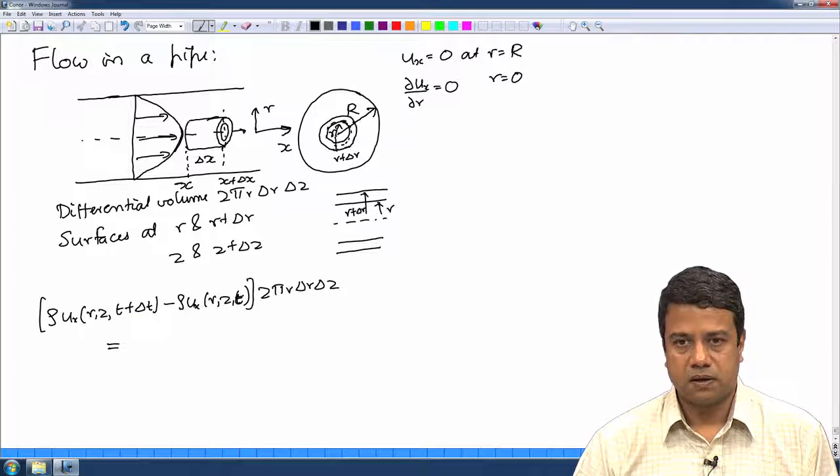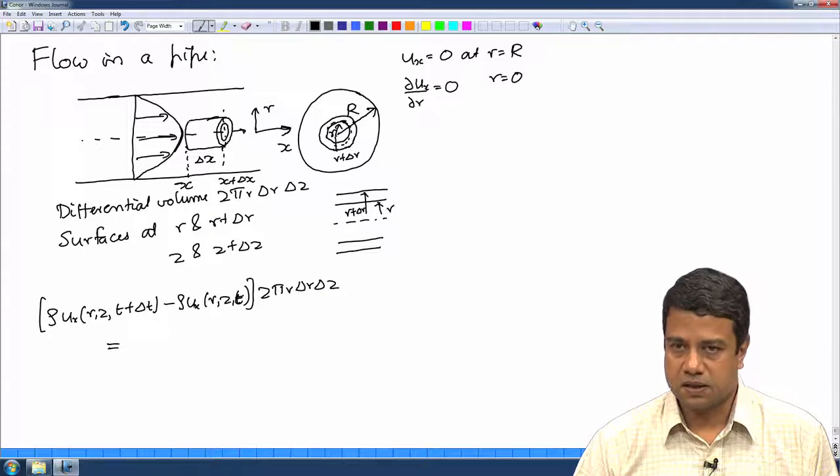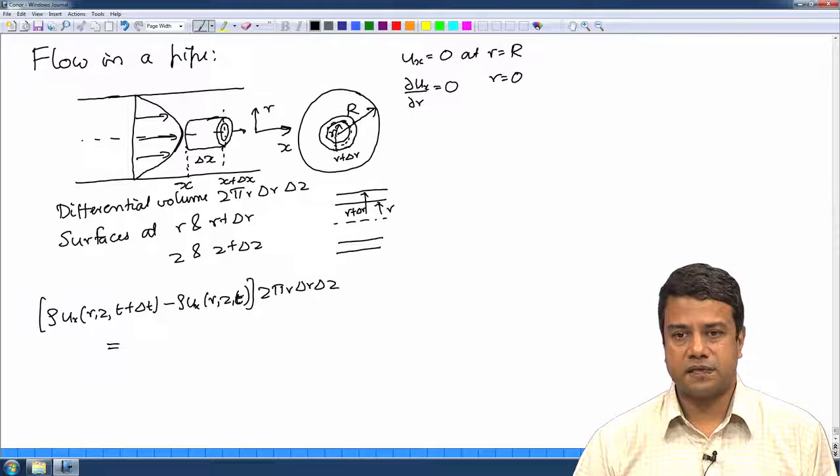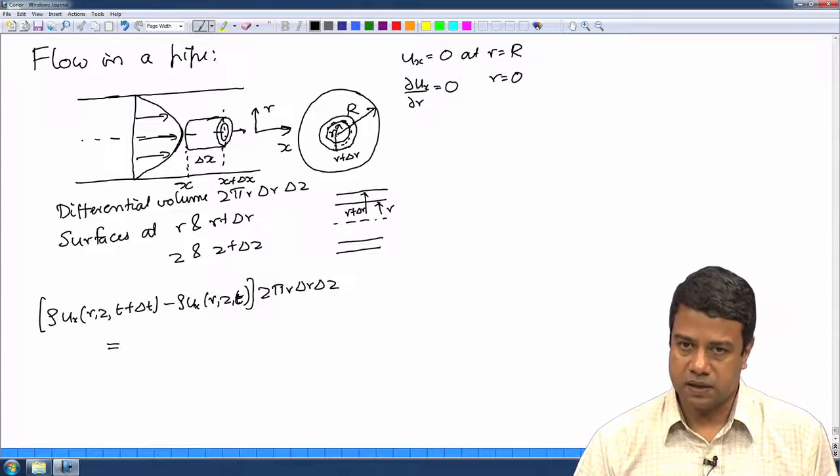If you recall, the shear stress tau x r was defined as positive if it acts at a surface whose outward unit normal is in the r direction.